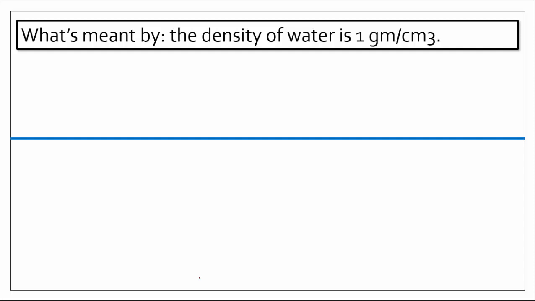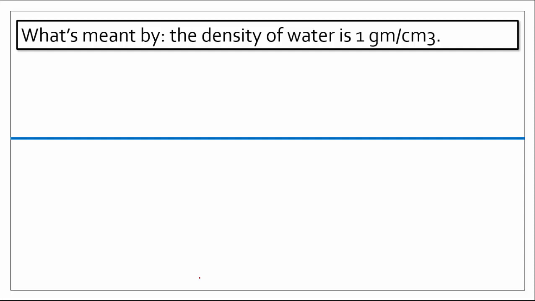Now look at this question, for example. What's meant by the density of water is 1 gram over centimeter cubic? Density. He gave you the scientific term. So he needs the definition. What is the definition of density?